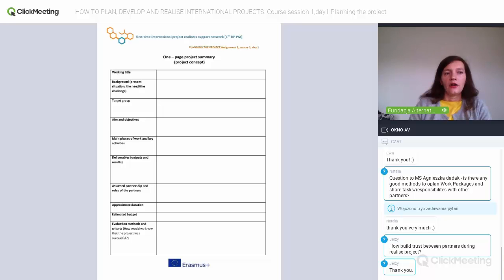And there are 2 versions of doing the assignment. One version is that those of you who do it individually, you do it just individually. For those of you who would like to cooperate with a team member from some other country, you can individually fill in your project concepts and then consult each other, thinking if you could do something together, and if the project concept is clear for the other part.